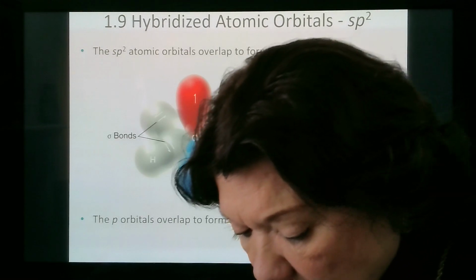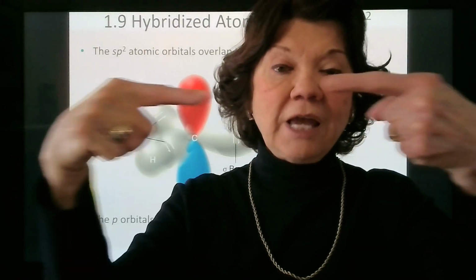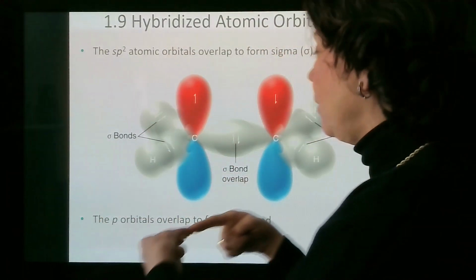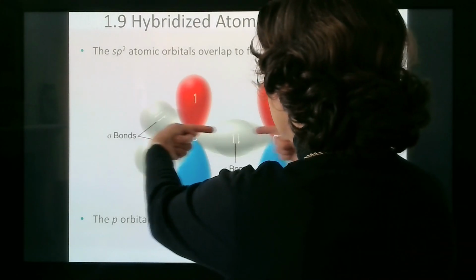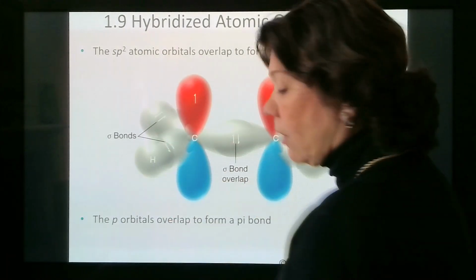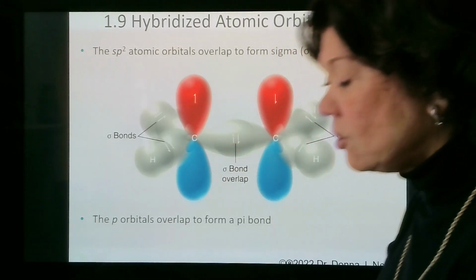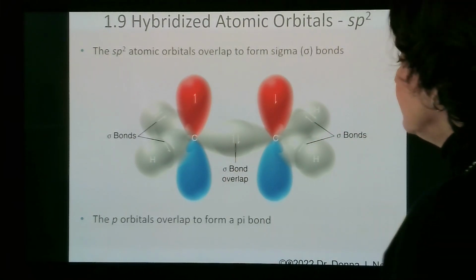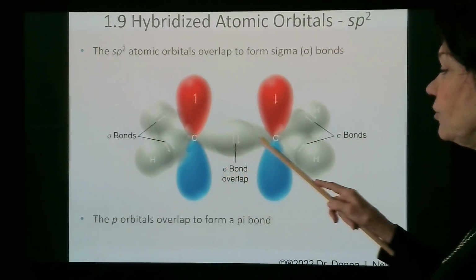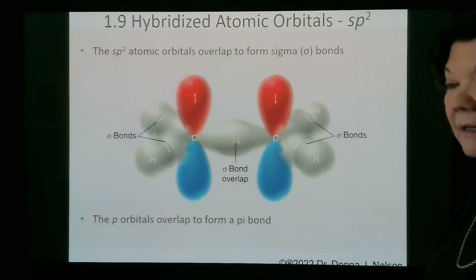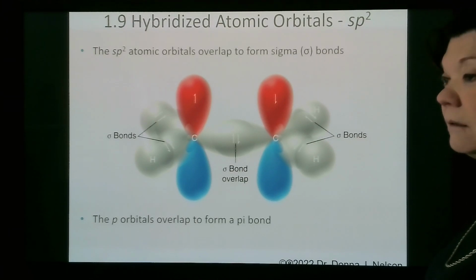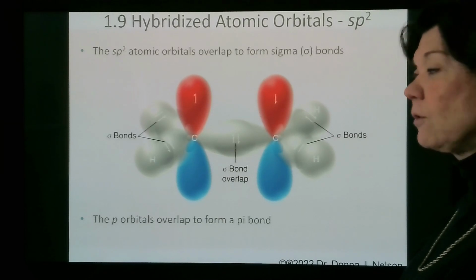Notice in the sigma bonds, you have this end-on overlap where the orbitals are coming in and overlapping in an end-on manner. So that takes care of the sigma system in ethylene or ethene. Those are 2 names for the same molecule.